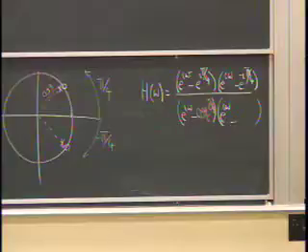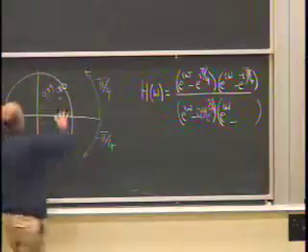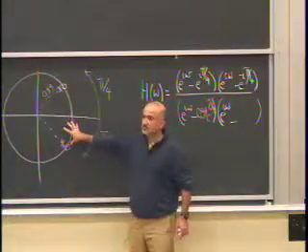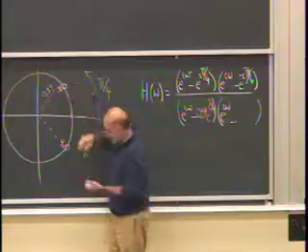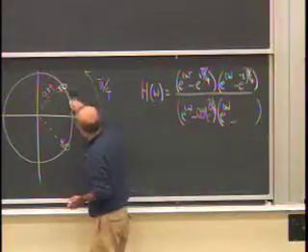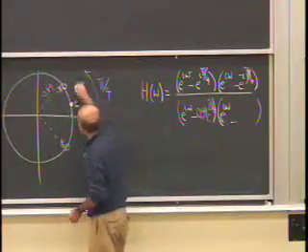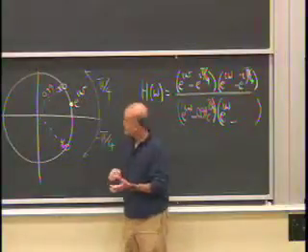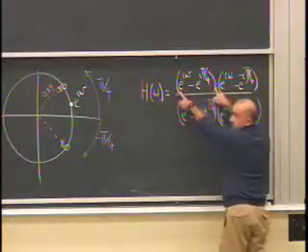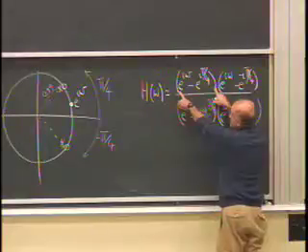So in this case, I've got two such angles, pi over 4 and minus pi over 4. And when I'm at any point here, e to the I omega, notice what I have in the numerator. I have this vector, the blue one.